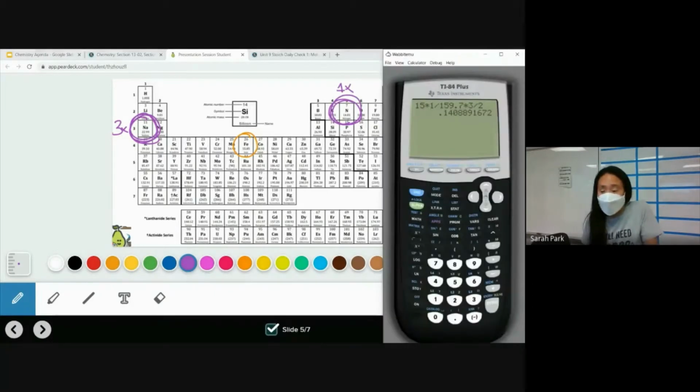Does anybody have the mass of this compound by any chance? 3 sodiums, 1 nitrogen. Well, I hope it's 82.98. If I'm wrong, you can let me know.